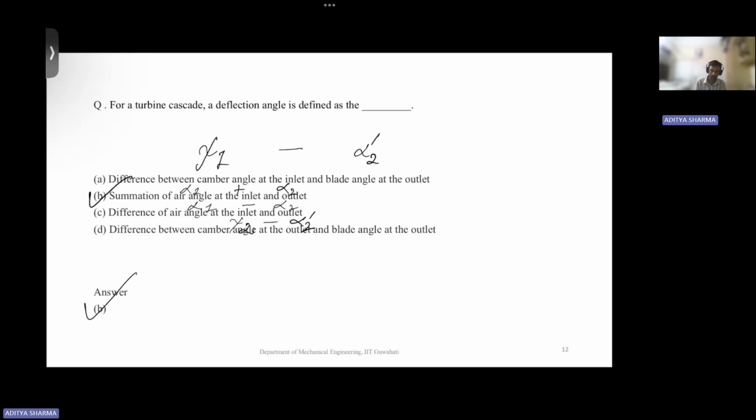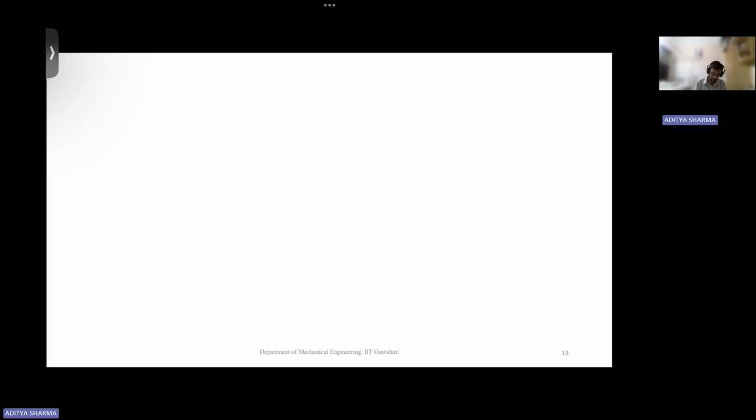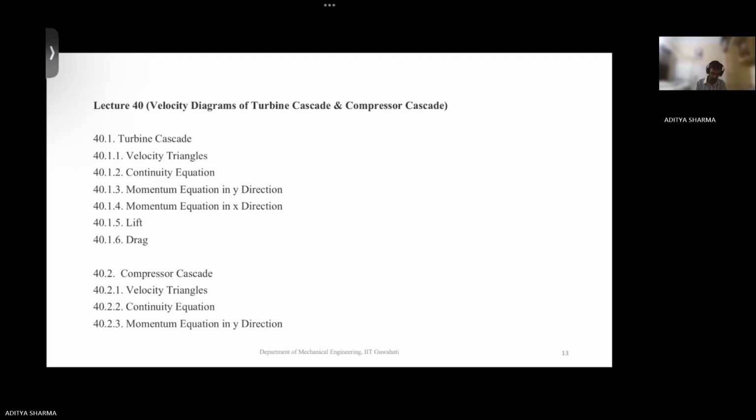Then moving on to the next question. Rather than a question, we now have topics of lecture number 40 and lecture number 41. Then we have two questions, after that we will conclude the questions.